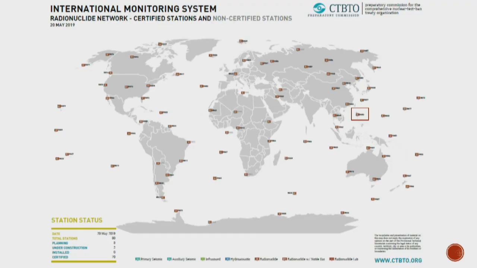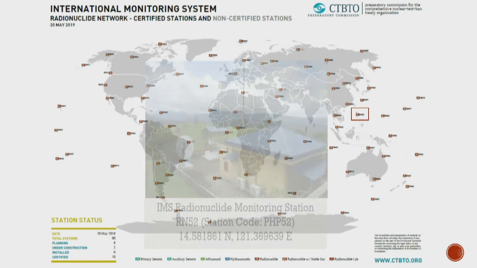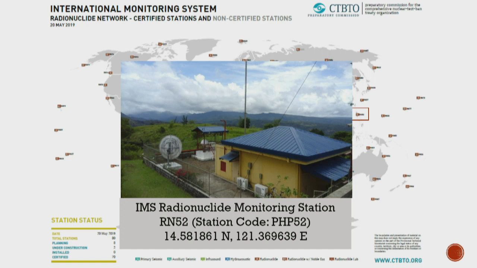So we took advantage of the detection capabilities of the radionuclide network of the CTBTO's IMS, International Monitoring System, particularly the data coming from our radionuclide monitoring station RN52, or PHP52, located in Tanay, Philippines.